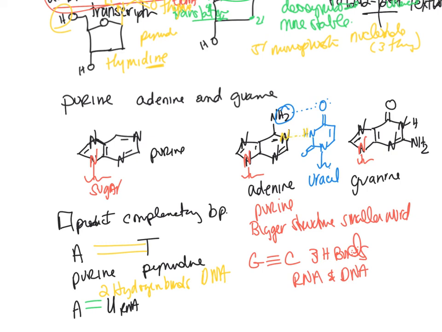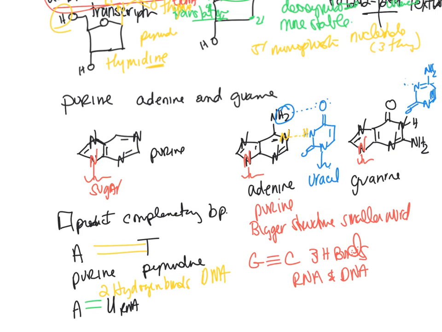Guanine with cytosine, so let's draw a cytosine here. Cytosine, nope, that's not cytosine. Cytosine has this NH2 at the top, and there we have cytosine.